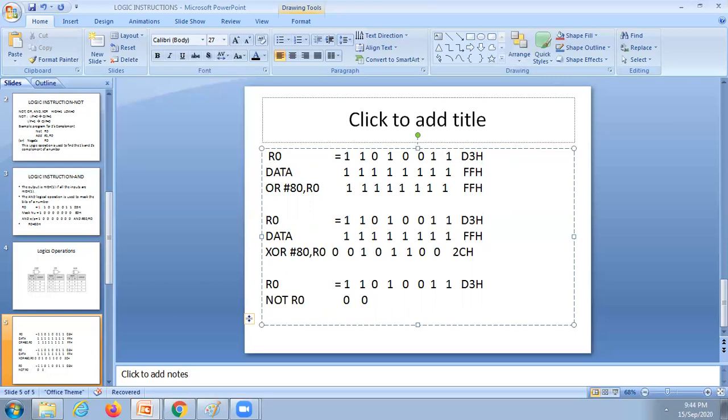If 0 is input, the output is 1. Here input is 1, output is 0. Here input is 0, output is 1. Here input is 0, output is 1. Here input is 1, output is 0. Here input is 1, output is 0. So what is its value? It is 0, 0, 1, 0. Again it is 2. So this is 2CH.